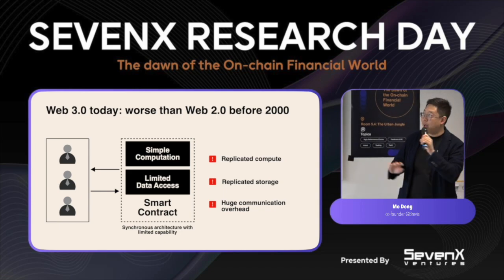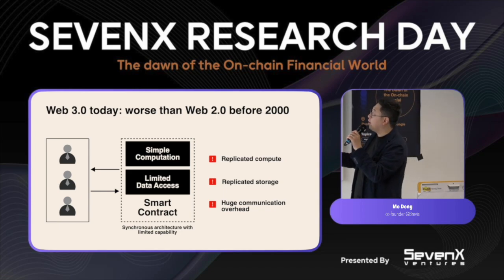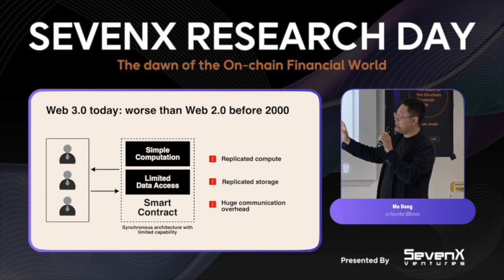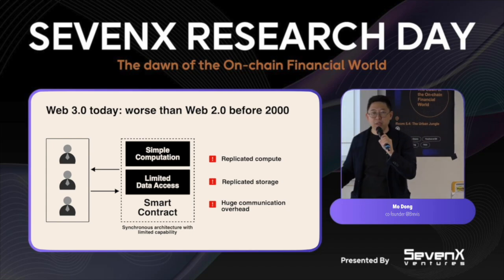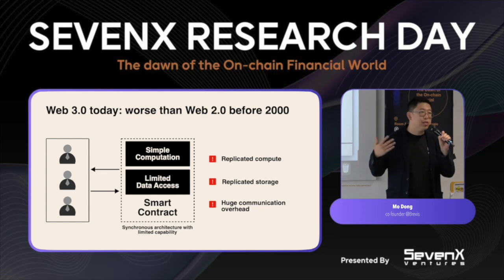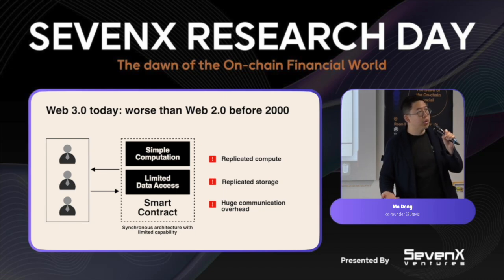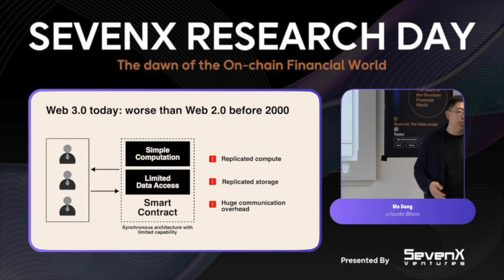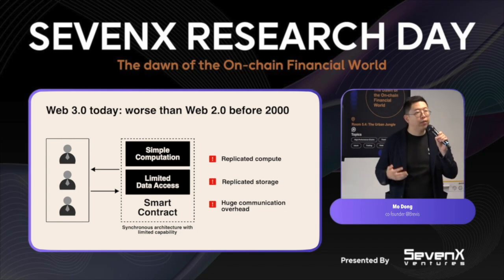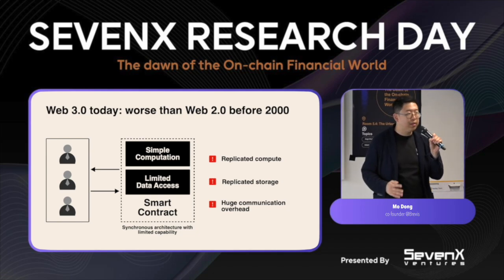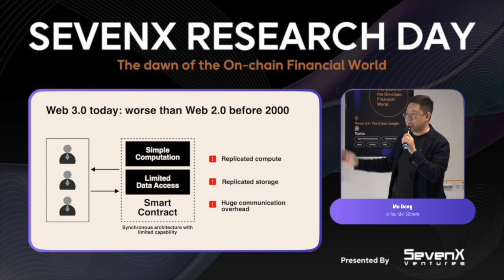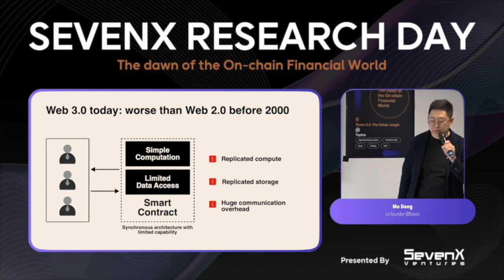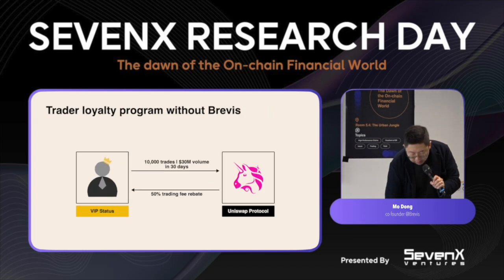For any single blockchain, the computation is bounded and the data access capability is bounded, because fundamentally, even with layer 2s, everything is running on replicated compute and replicated storage. Due to the high overhead of communication, the computation power is fundamentally limited, rooted in the consensus protocol itself.